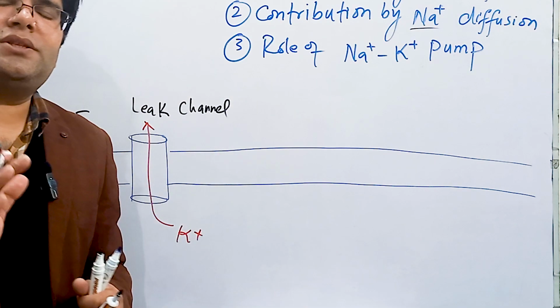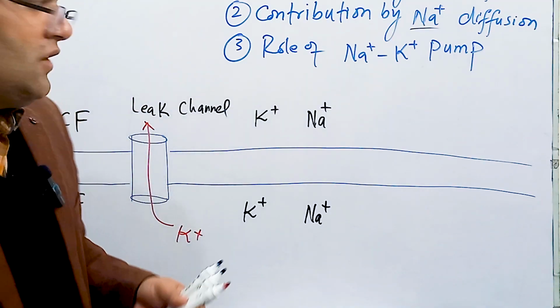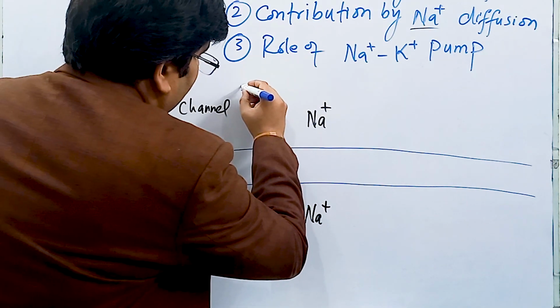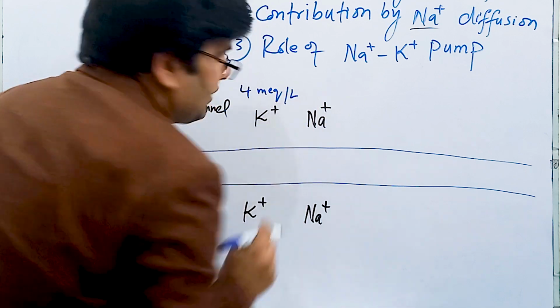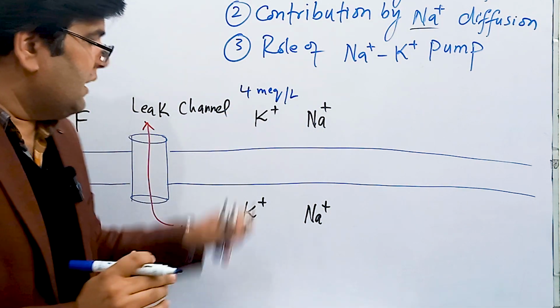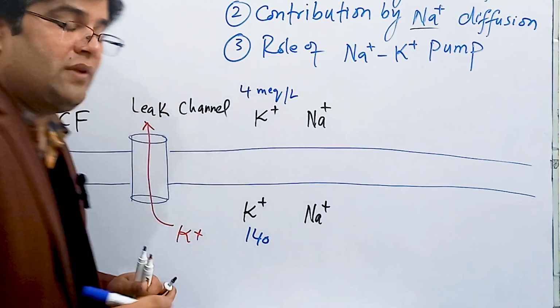Now, what is the relative concentration of sodium and potassium outside and inside of the cell? The concentration of potassium outside of the cell is only 4 milliequivalents per liter. This is the unit to express the concentration of potassium and sodium, and the concentration inside is 140 milliequivalents per liter.